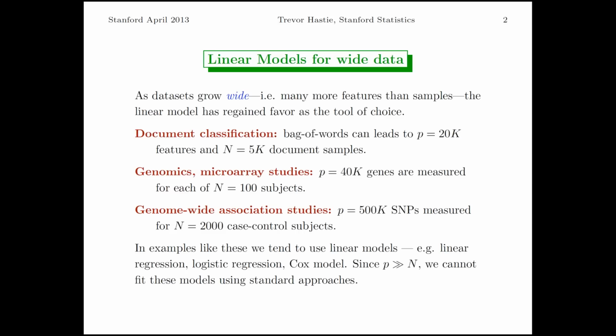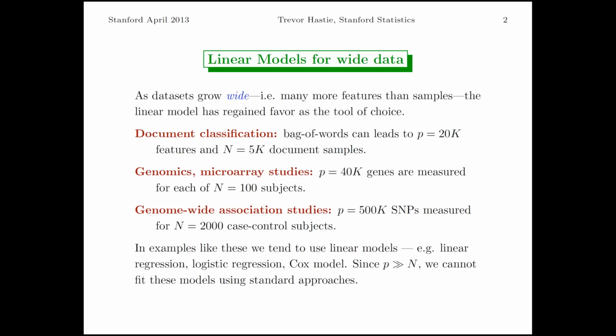So let's get started. We're really talking about linear models for wide data, and wide data has become pervasive in data mining and all kinds of problems. Here's some examples. So document classification. By wide data, we mean lots of variables, maybe many more variables than observations.